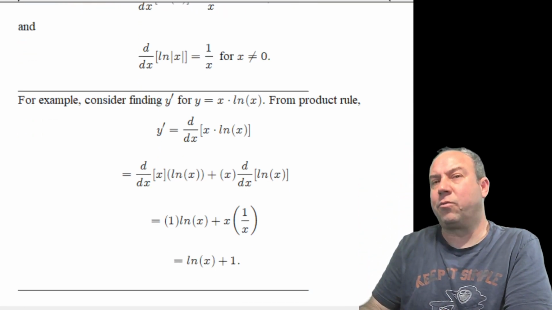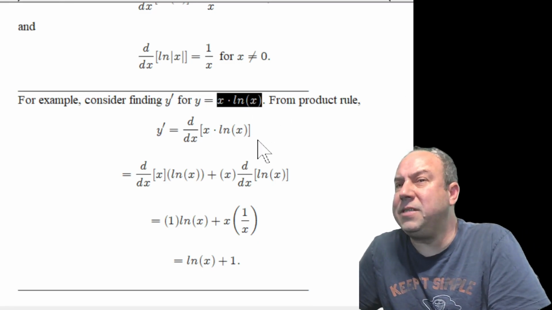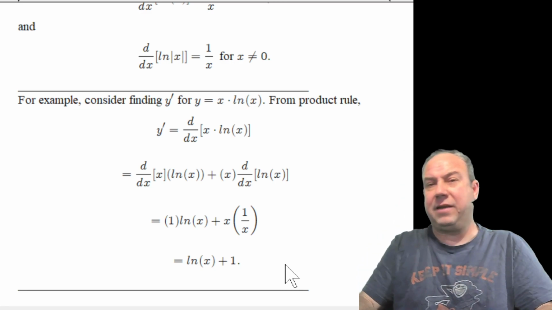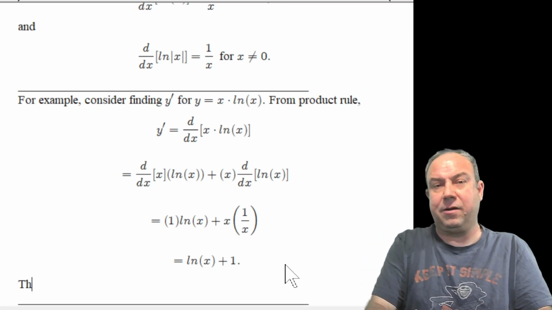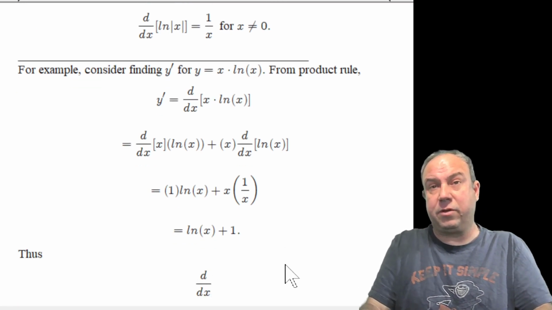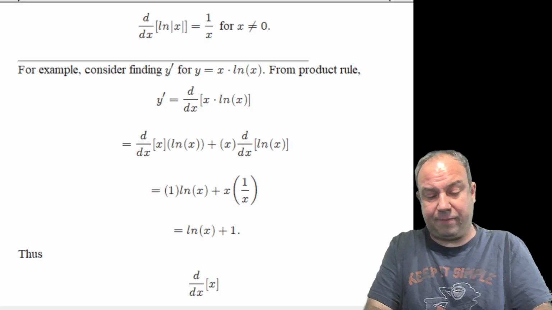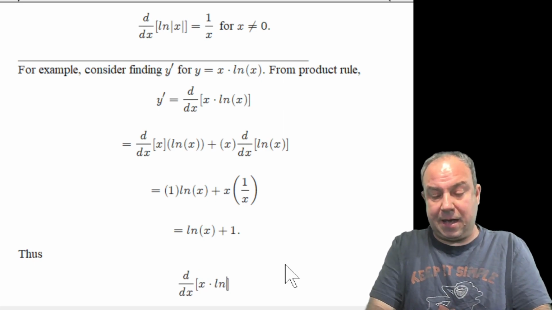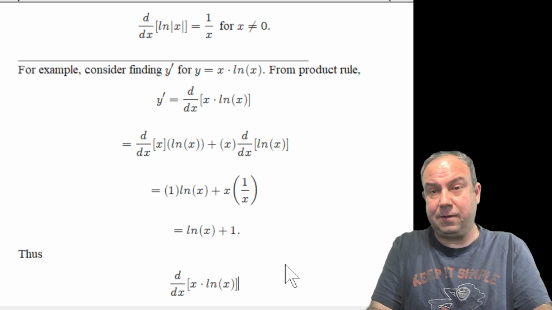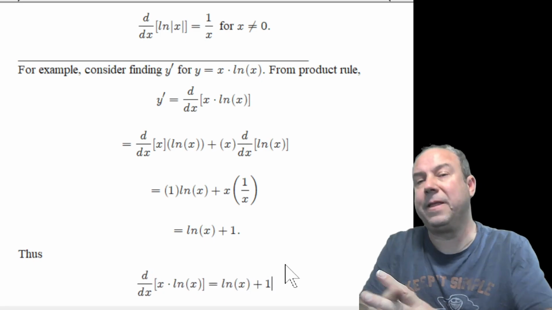This is the derivative of x times the ln of x, right? We might even just make quick note of that here. Thus, the derivative with respect to x for x times the ln of x is just equal to the ln of x plus 1 in value.